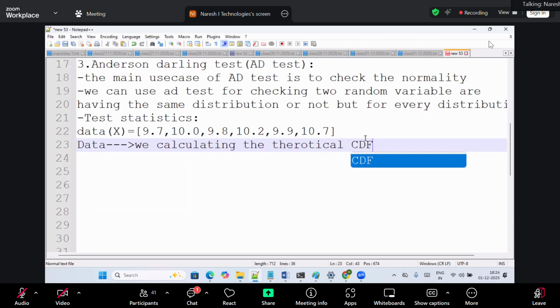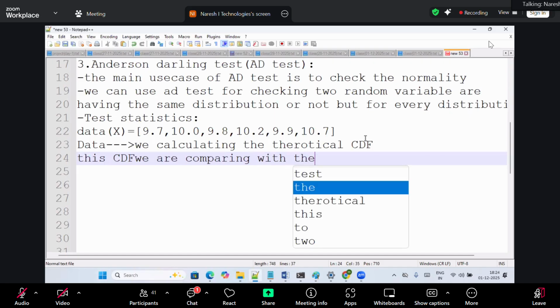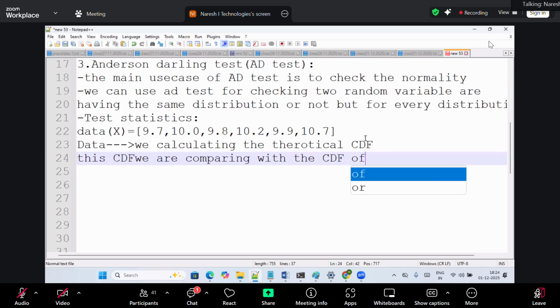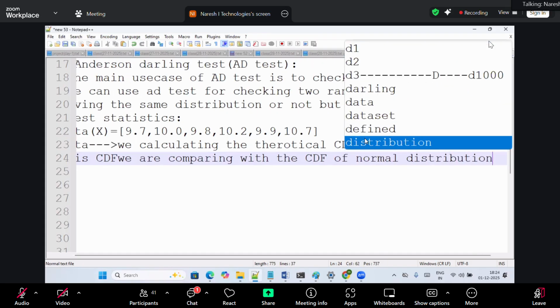And this CDF we are comparing with the CDF of normal distribution, right? इतना समझा क्या गाइस?